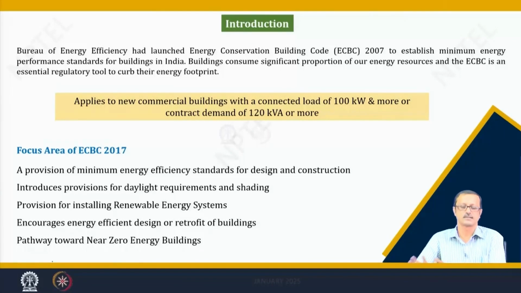That also we will discuss next. So, for any new commercial building which has a connected load of 100 kilowatt or more, or a connected demand of 120 kilovolt ampere or more, for those larger scale buildings, these provisions are applicable.